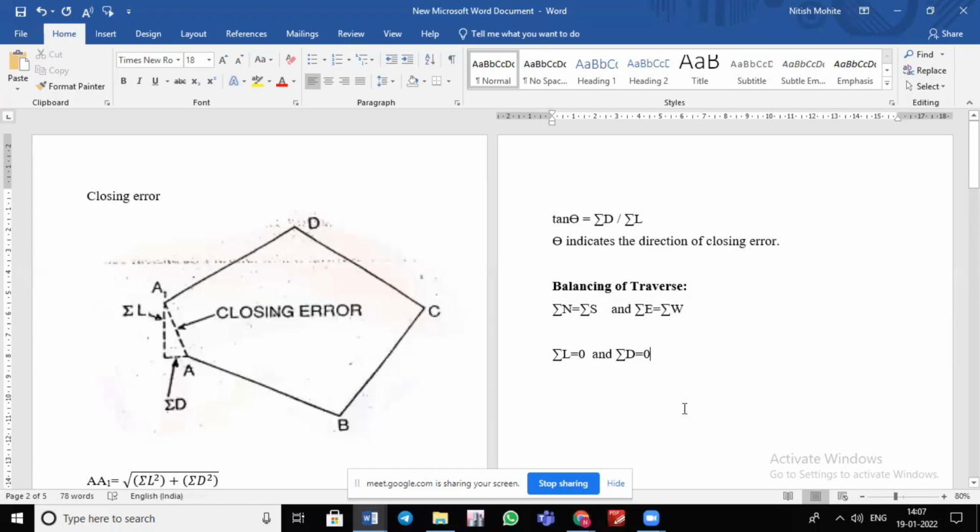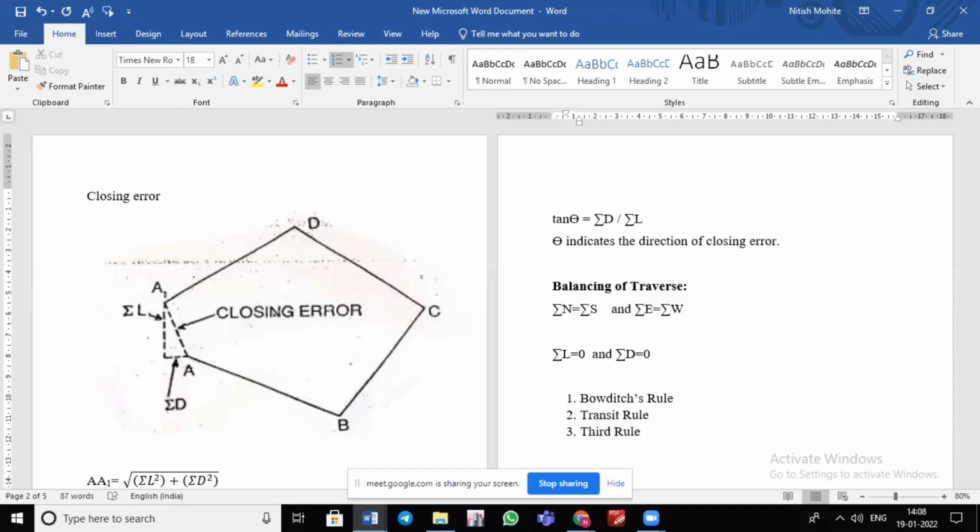Practically, when we go on calculating, there are certain errors that are supposed to be determined, and then we make use of certain rules. The first is the Bowditch rule, the second is the transit rule, and the third is the third rule.